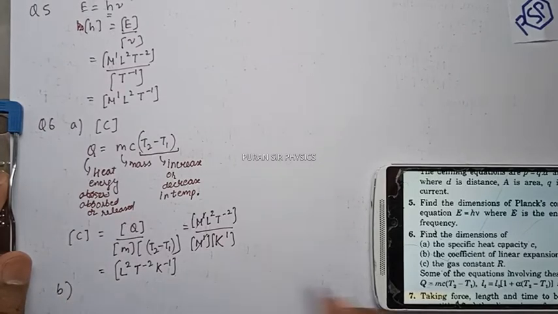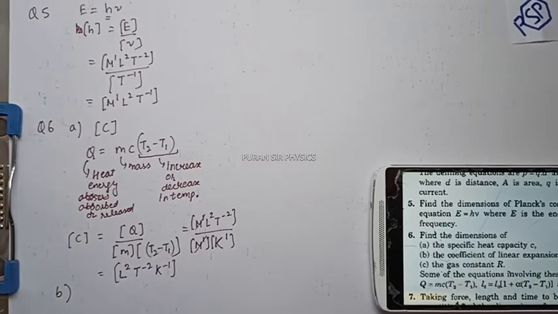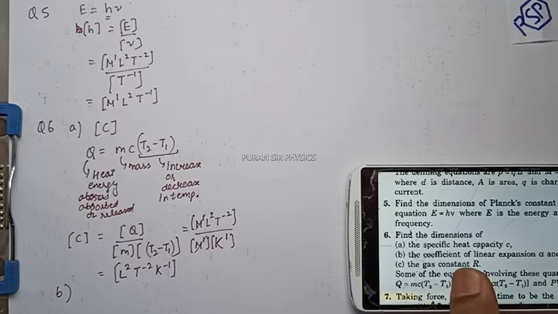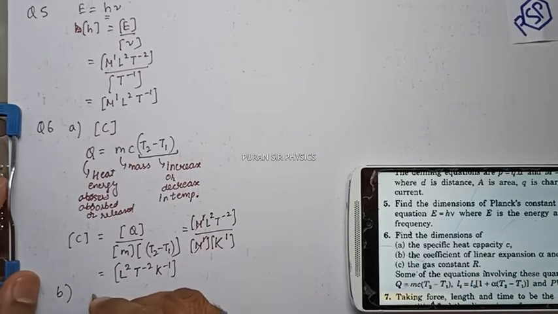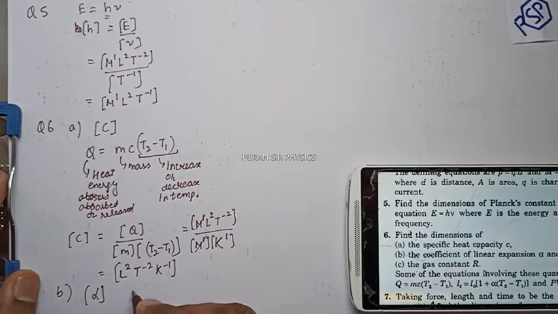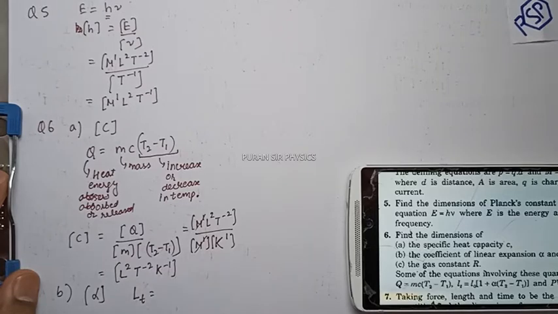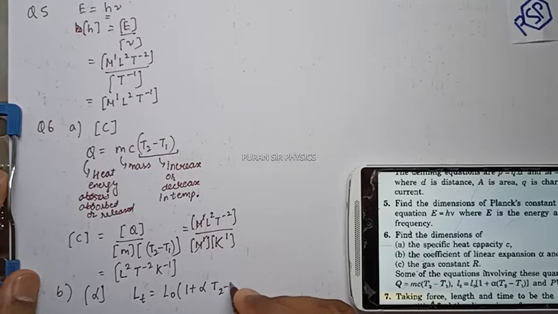In part B we have to find the dimension of linear expansion, coefficient of linear expansion alpha, and the formula given to us is length at some time t is equals to original length times 1 plus alpha into T2 minus T1.